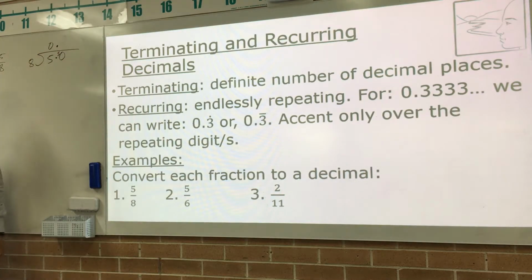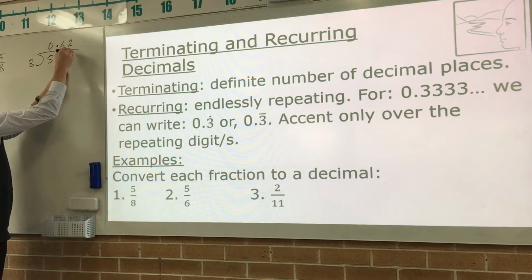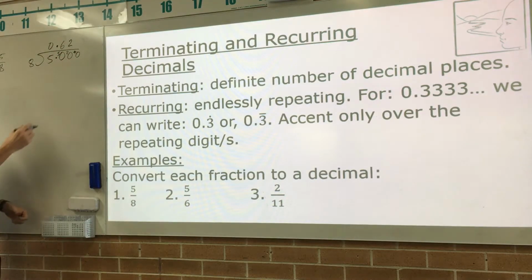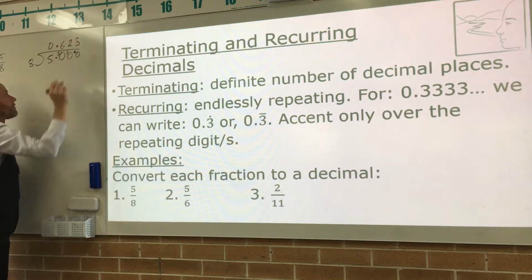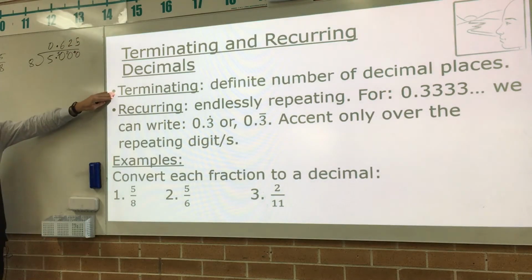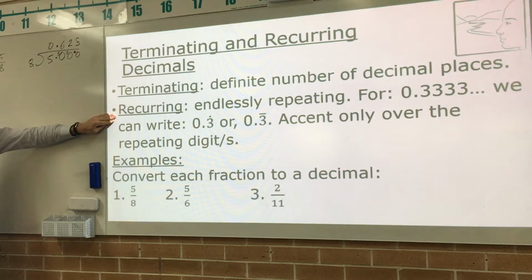We then do 8 into 50. 6/8 are 48. So it goes in 6 times and there's 2 left over. We then do 8 into 20, which goes twice with 4 left over. And then 8 into 40 goes 5 times. So we have 0.625. Tell me, is that a terminating or a recurring decimal?